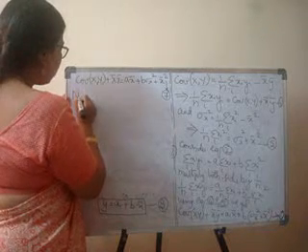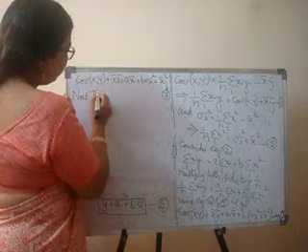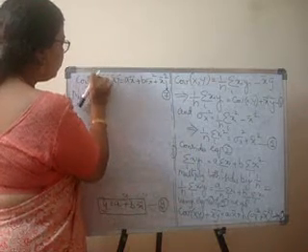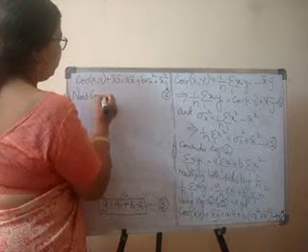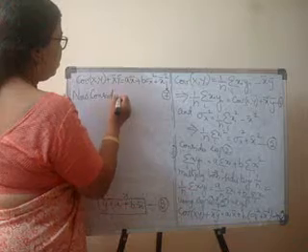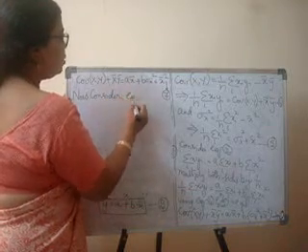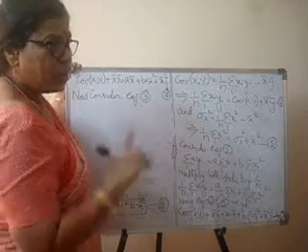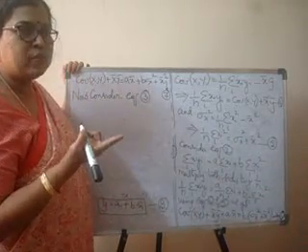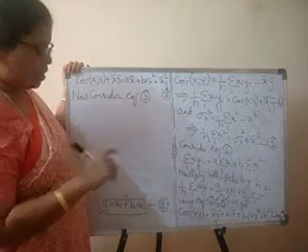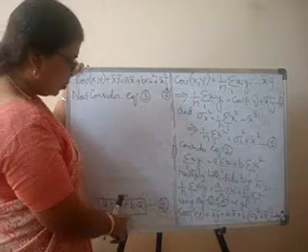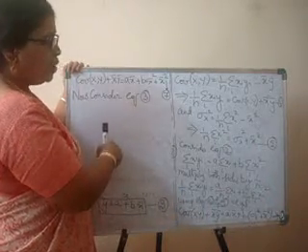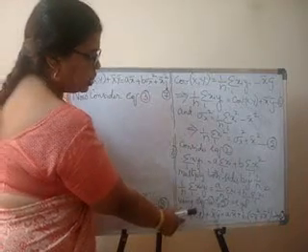Now consider equation 3. We took equation 1 and multiplied both sides by 1 by n, simplified, and got equation 3. Then equation 2 we simplified and got equation 6.